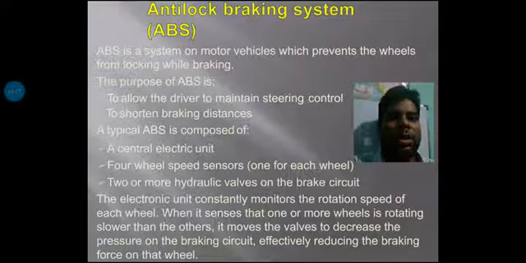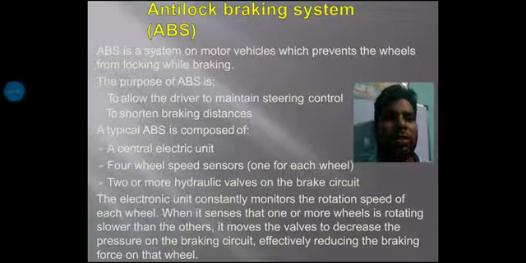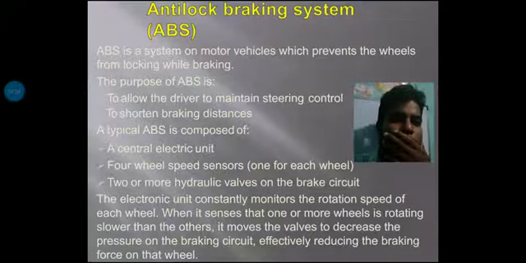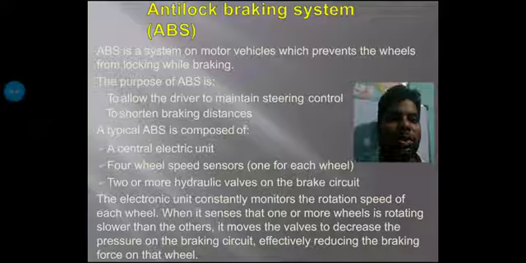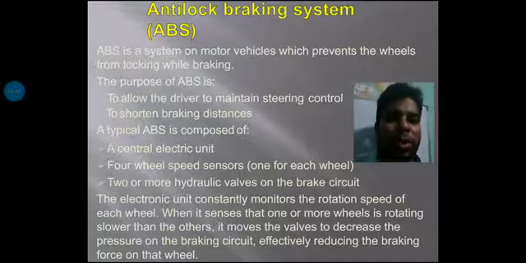A typical ABS is composed of, number one, a central electric unit, which mainly provides the electric source from the input to the braking torque system.